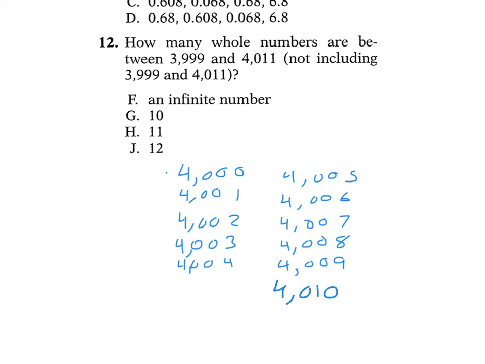So we have 1, 2, 3, 4, 5, 6, 7, 8, 9, 10, 11. So 11 numbers in between them.